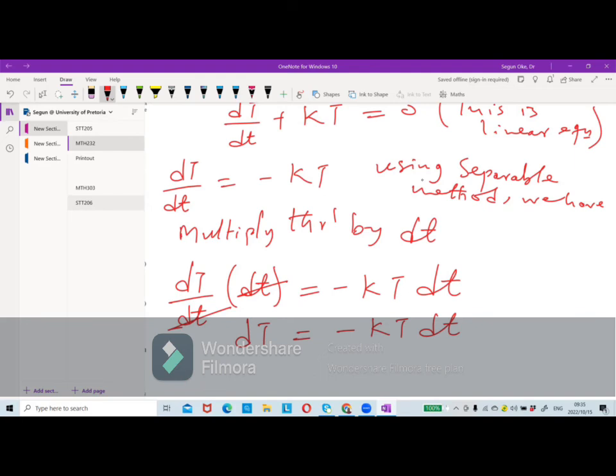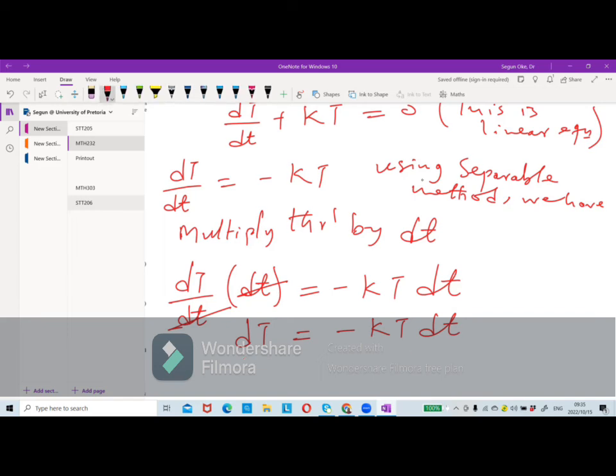Go ahead now. Okay, so you now divide by capital T. Exactly. Because we still have an element of T here, which has nothing to do with k, it is supposed to go with capital T. Are you getting me? Yes, sir.